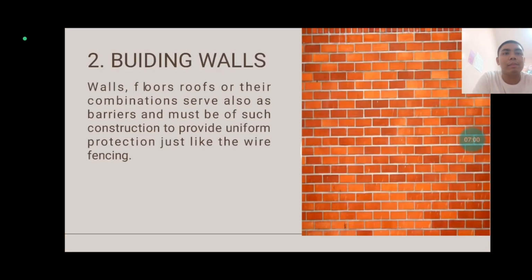So next is building walls. Building walls, floors, roofs, and other combinations also serve as barriers and must be of such construction as to provide uniform protection, just like the wire fencing. Masonry walls' height must be the same as the chain link and surmounted by a barbed wire top guard.